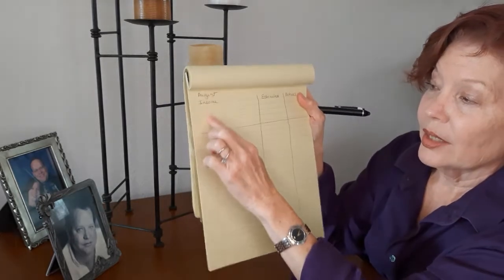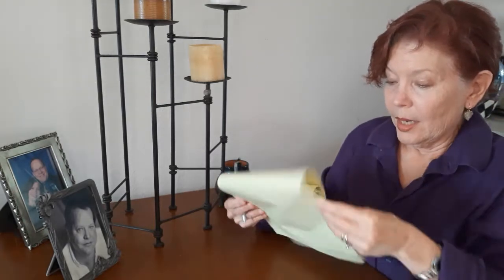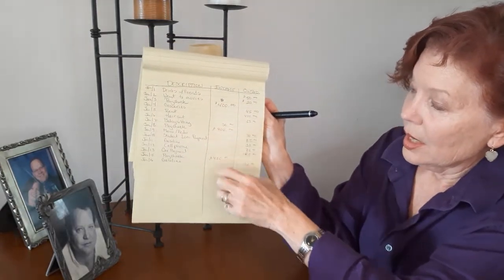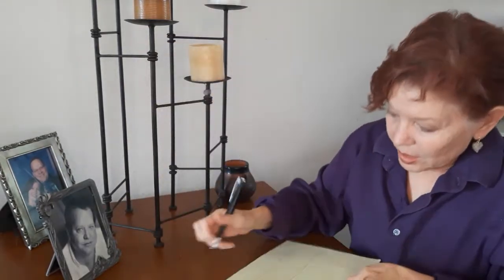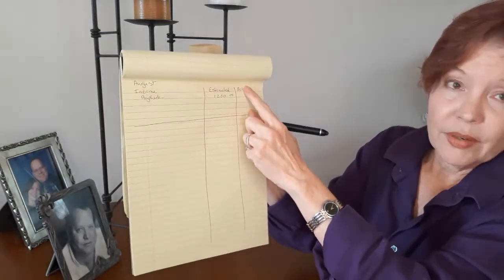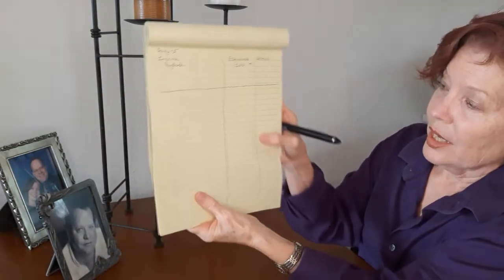So for income, we had 3 paychecks. So we'll put down paychecks and we'll add them together. That was $400 per paycheck, so now we're going to put $1,200 under the estimated column. The actual is at the end of August, when we're going to put our numbers into the actual column.